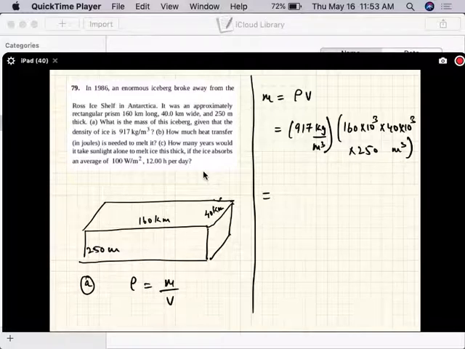Okay, so again, in this business, it's good to take care of powers of 10. We'll call this 9.17 times 10 to the 2, and the powers add up to 10 to the power 13 kgs.